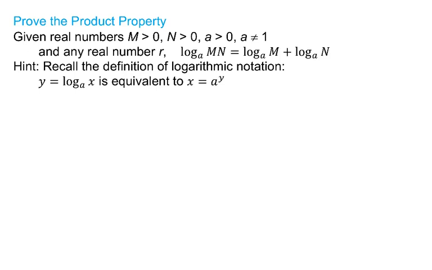So here's what I'm going to do. I'm going to say let x equal the logarithm base a of m, and also let y be the logarithm base a of n. Now I'm going to use my definition of logarithmic notation to rewrite both of these statements in equivalent form.